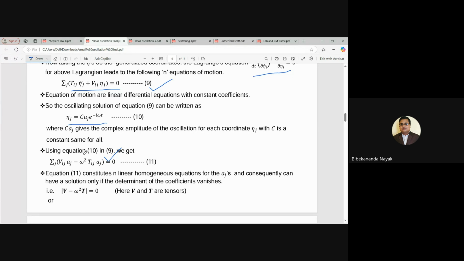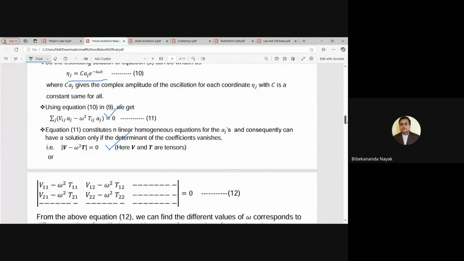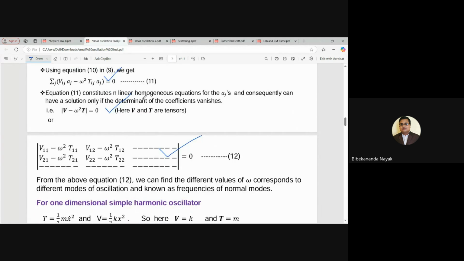Since all the a_j are unknown, we set the determinant of V_ij minus omega square T_ij to 0. That is the condition: V minus omega square T determinant should be 0. V minus omega square T means V11 minus omega square T11, V12 minus omega square T12, and so on are 0. This is the required condition, where omega represents the frequency of oscillation.